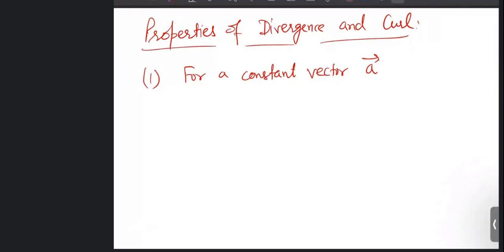Let us define the properties of the divergence and curl. First property, for a constant vector A, divergence of A is equal to 0, as well as curl of A is a zero vector.